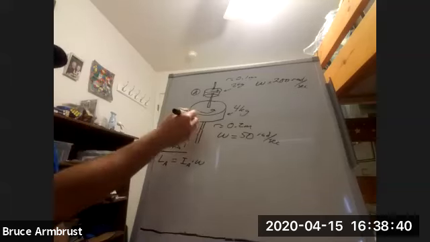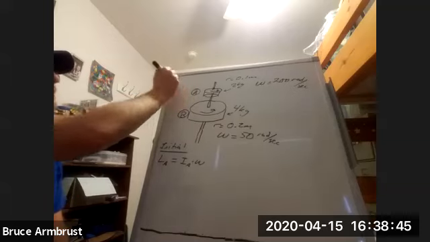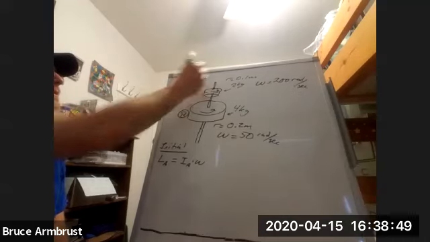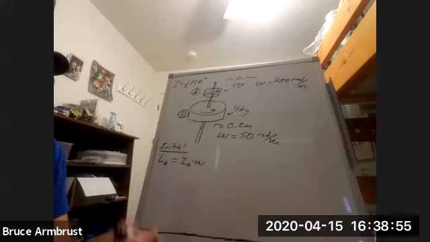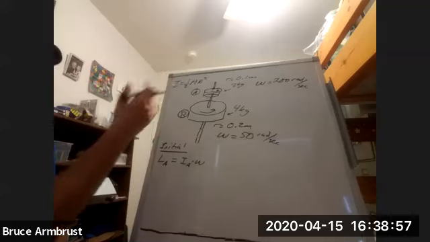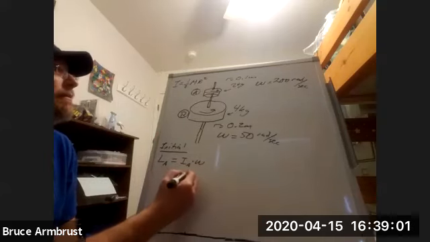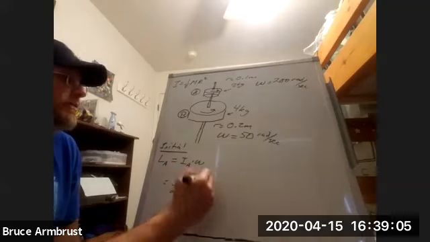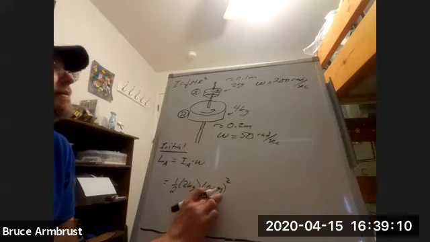These are disks, and what we calculated a while ago is that the moment of inertia of a disk is 1/2 mr squared. We just need to know the mass and the radius of that object, which we have. So this gives us 1/2 times 2 kilograms times 0.1 meters quantity squared.